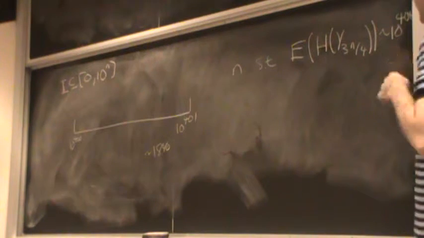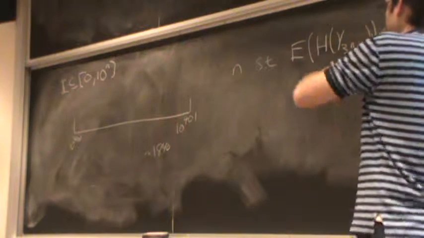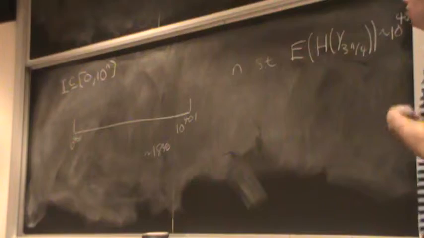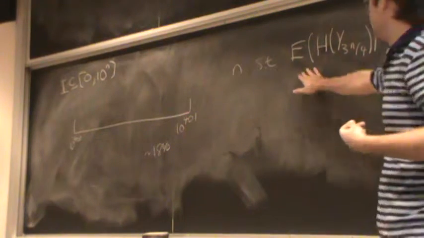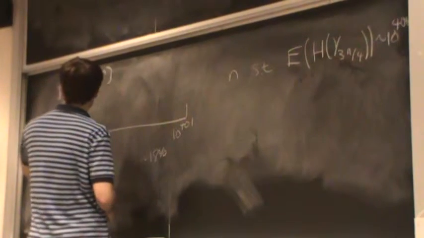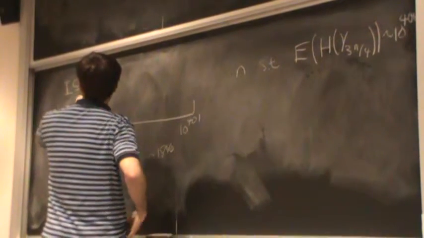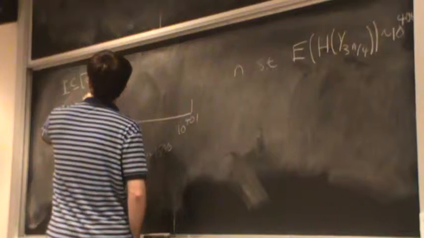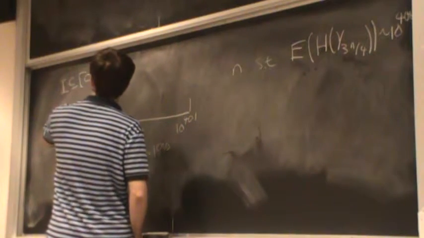So I'm saying pick n such that a random 3n over 4 digit number has an expected value that lies in here. We'll say this will be h of y sub 3n over 4.